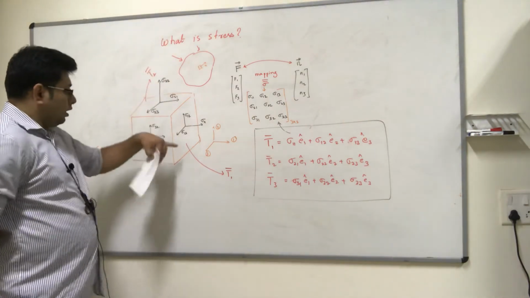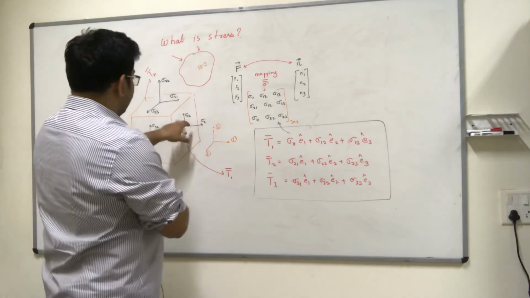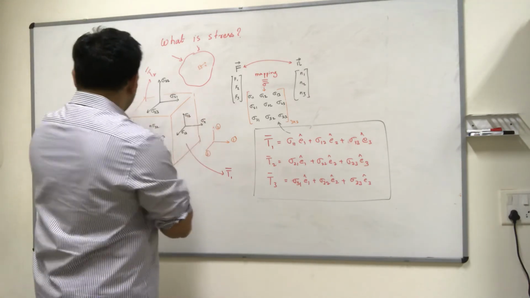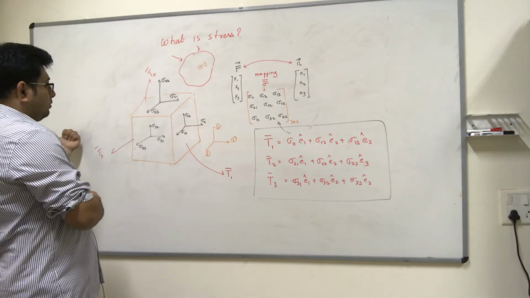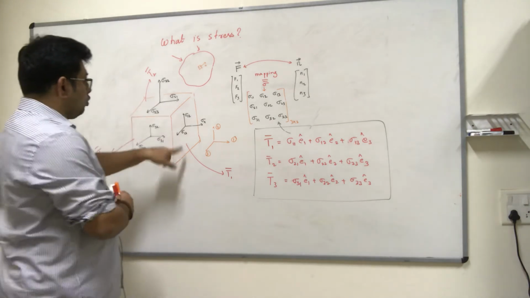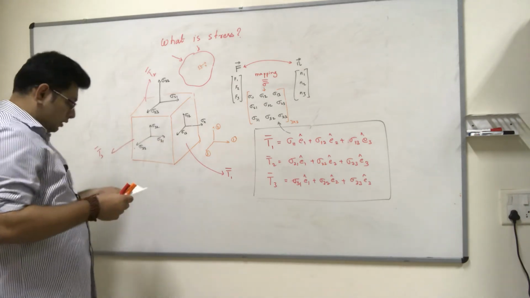Here the normal vector for this face is pointing in the positive direction, but for the other face, which I have not shown here, that is pointing in the negative direction. So for the same cube, you have 2 faces. One is a positive face and the other is a negative face.